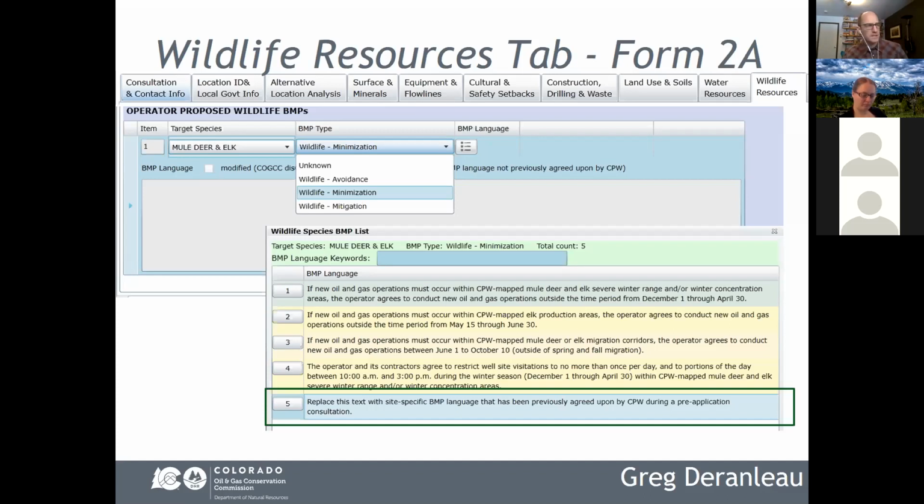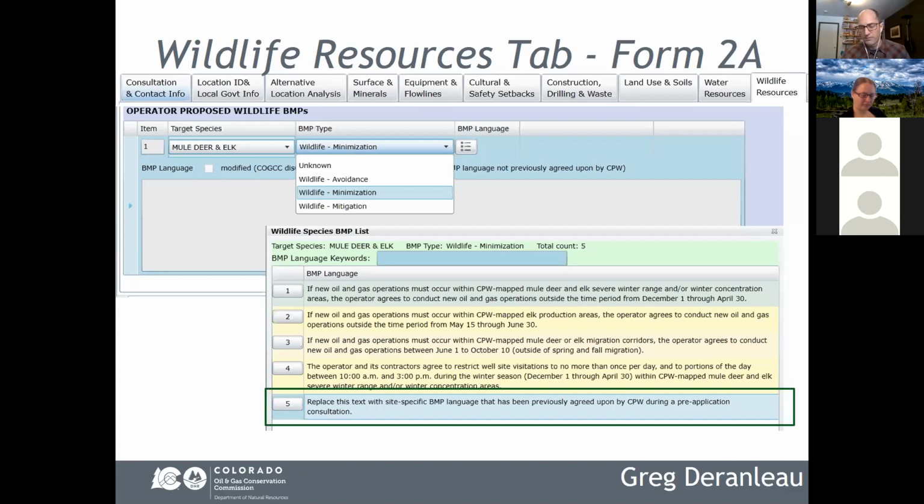Lastly, I mentioned that we don't want the CPW provided BMPs modified, but we have added a generic BMP that can be selected for modification. It says, replace this text with site-specific BMP language that's been previously agreed upon by CPW during a pre-application consultation.